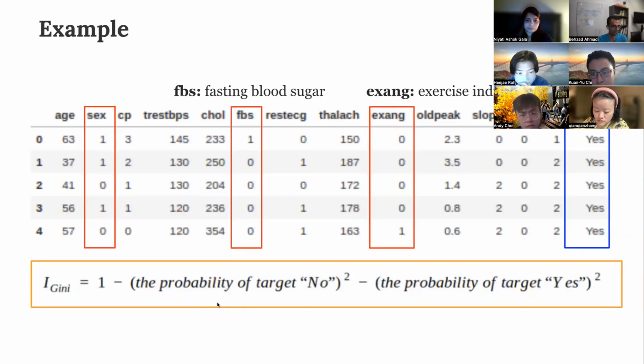And you have 2 classes, right? Yes and no. So basically that sigma is going to be over no's and yeses. We'll get to that. So forget the formula for now, but you can also use the formula.